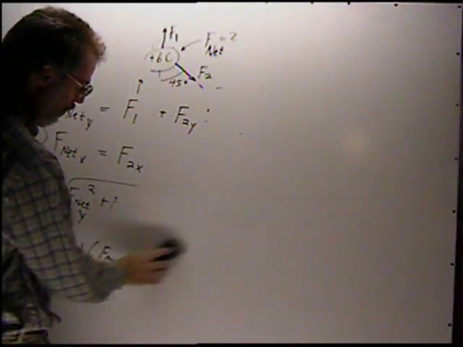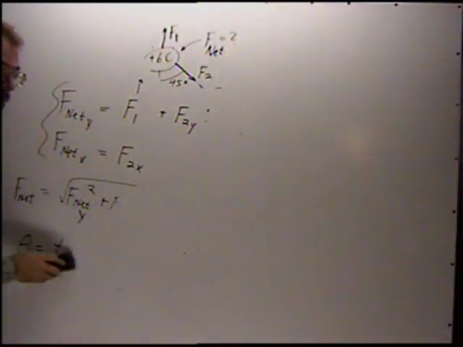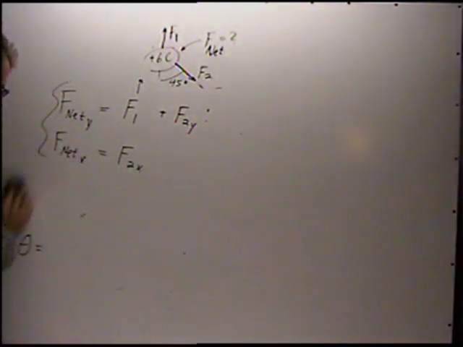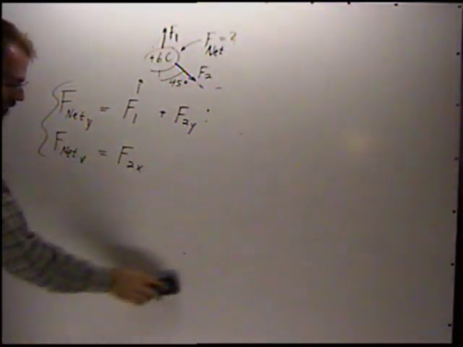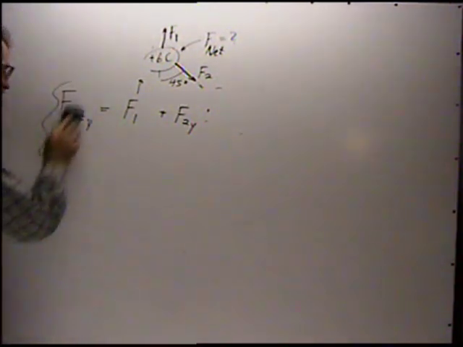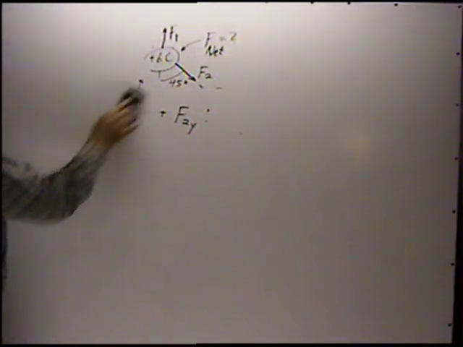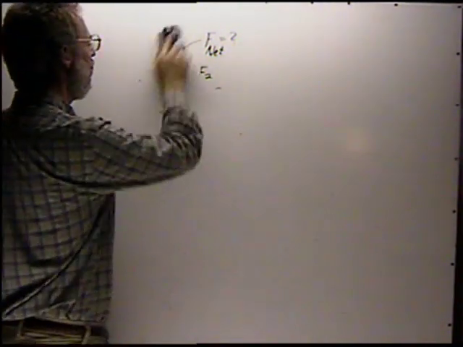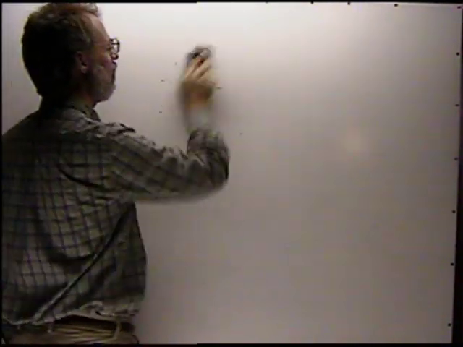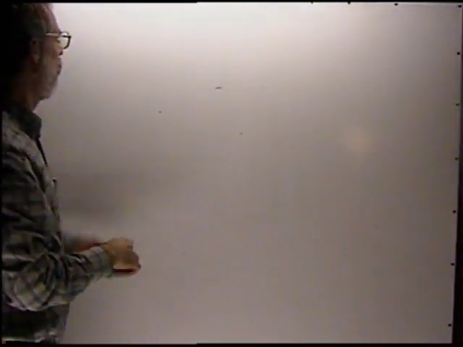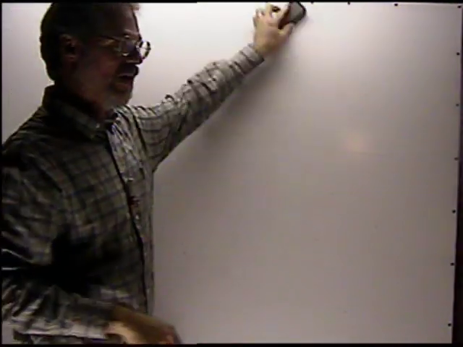If we have a two-dimensional problem, we have to break them up into their individual components. We add up all the x's, we add up all the y's, and then we use the Pythagorean theorem to find the resultant, and then we can find the angle just by using the tangent of the angle. And so there's really no difference.